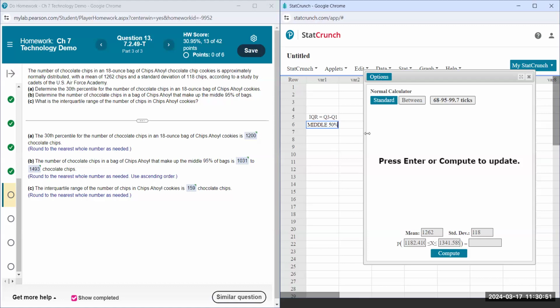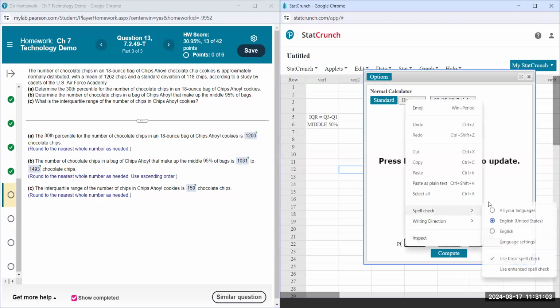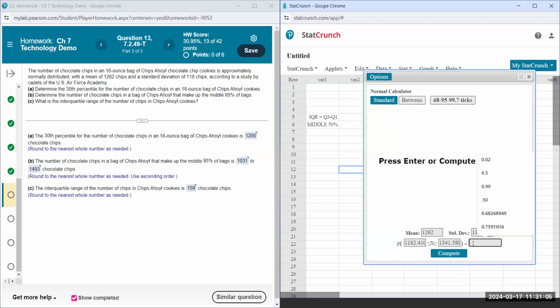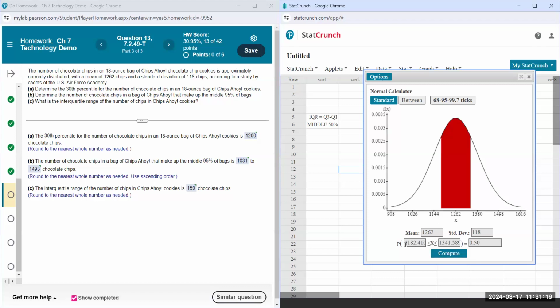But I think we can also do it if we do the between. And then put the 50% here. Let me, I'm not typing that correctly. If I want to capture the middle 50%, I could do the between, compute.